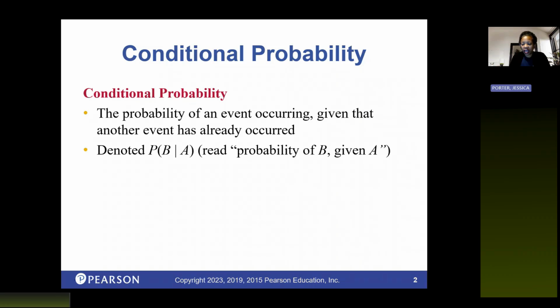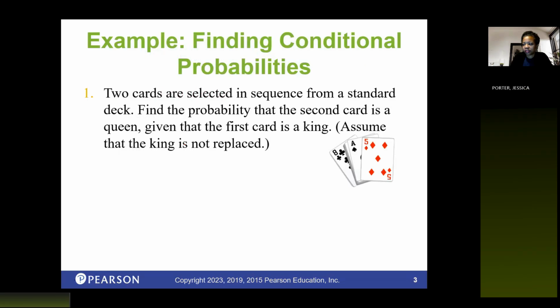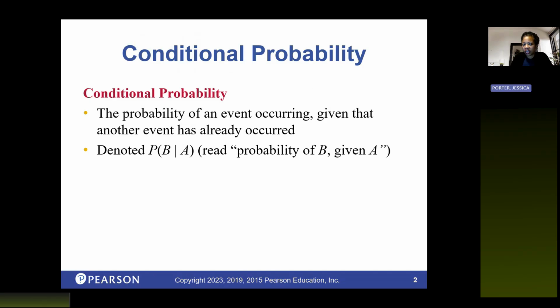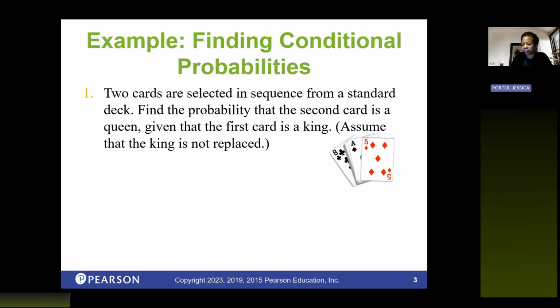And we denote that with P, and we say probability of B given A, which is the probability of B given that A has occurred.